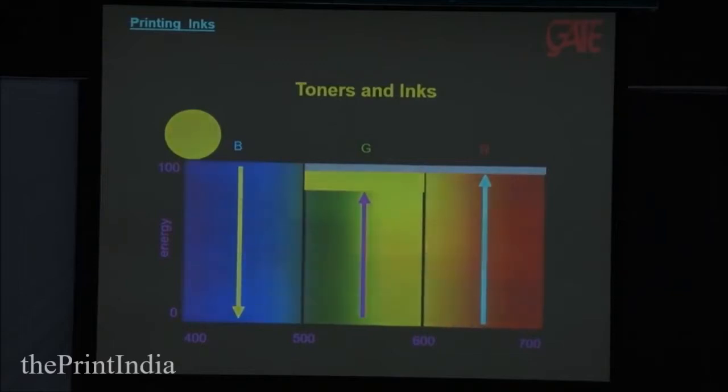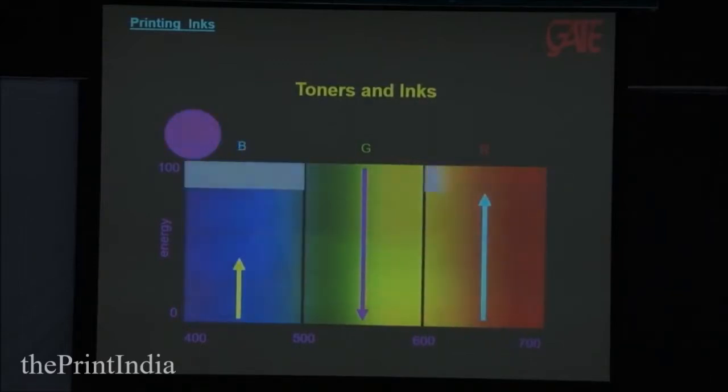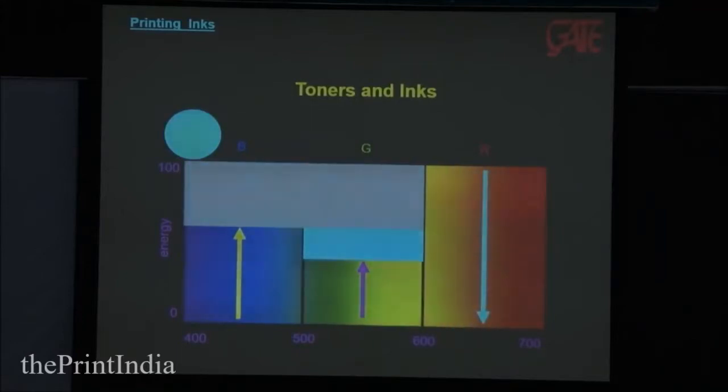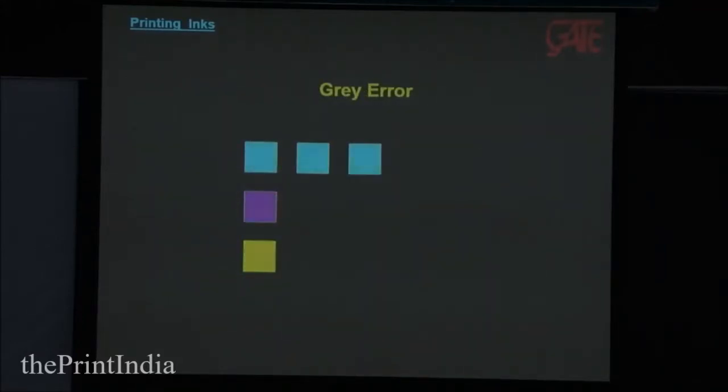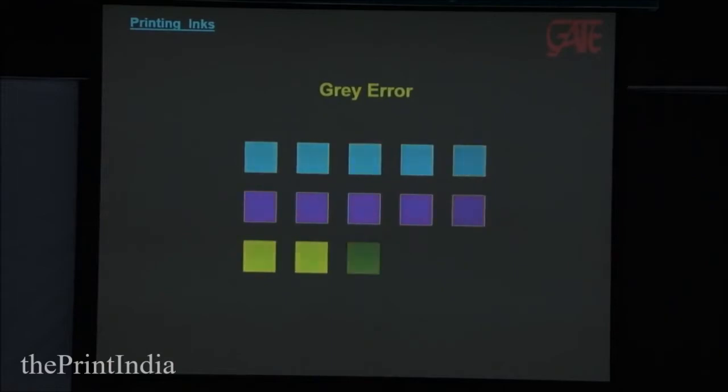We discussed this last time. It is the same with magenta and the same with cyan. The gray error makes your ink look dirty. In your printing machine, if you change the color sequence and don't wash the machine properly, you also get this kind of problem.